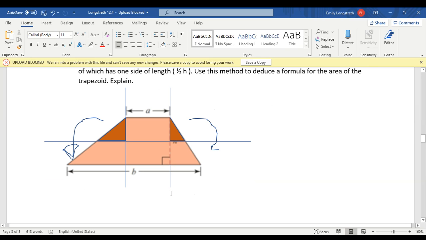I put one along the height here and one along the height here. We then take the little triangles here, flip them around so they're no longer on the top, and place them on the bottom. I'm going to do that for this side as well.